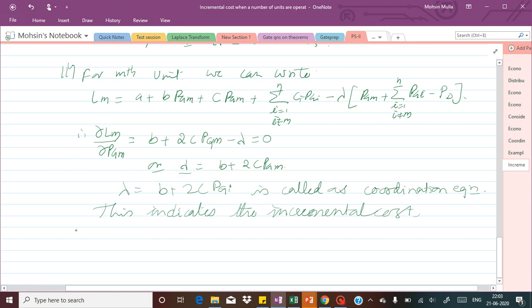And for optimal operation we already know that the incremental cost should be the same.